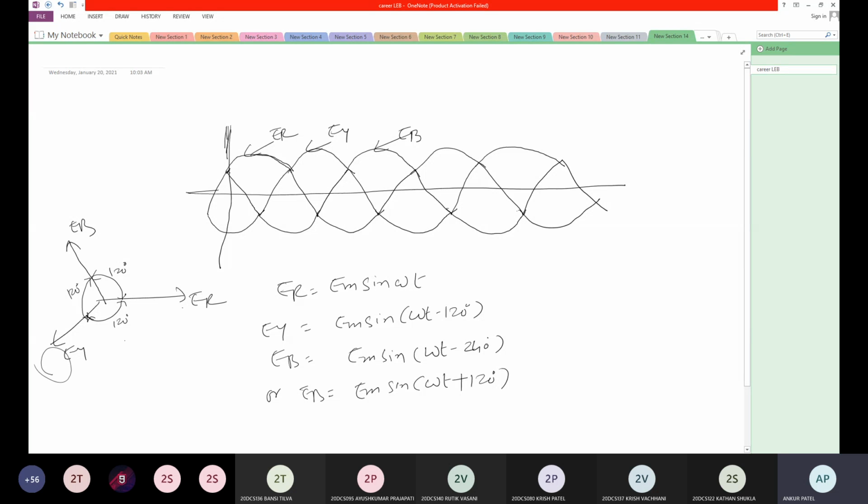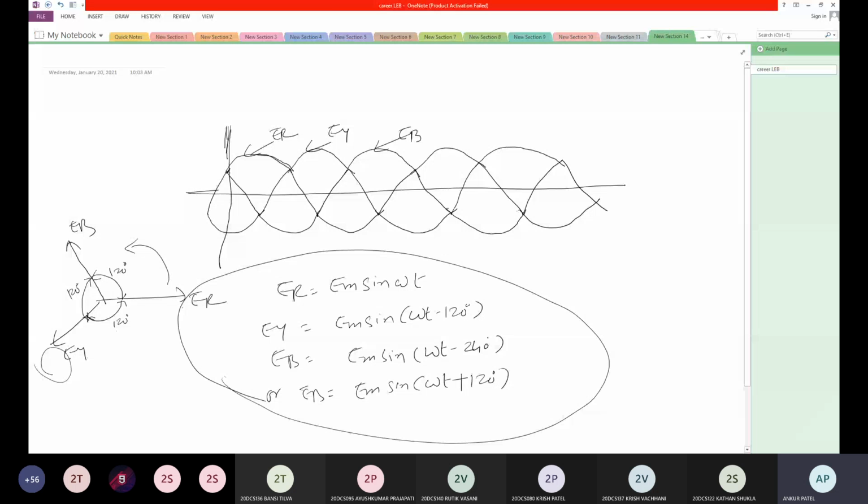So EY attains its value after 120 degrees, then 120, 120, 240. For EY it is plus 120 degrees. So these are the equations for three-phase voltage.